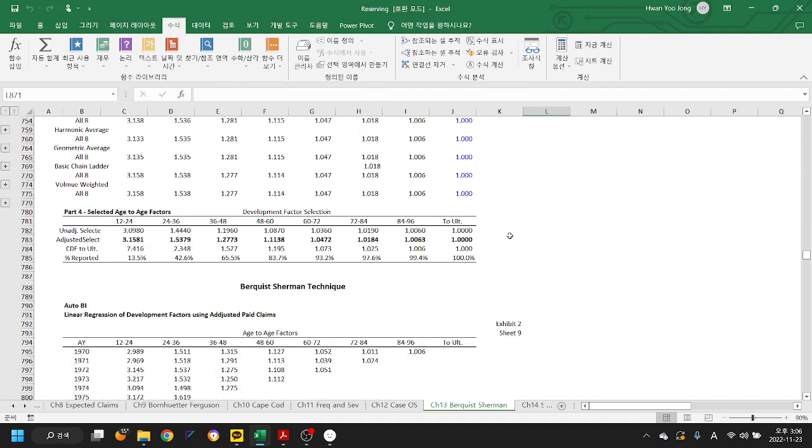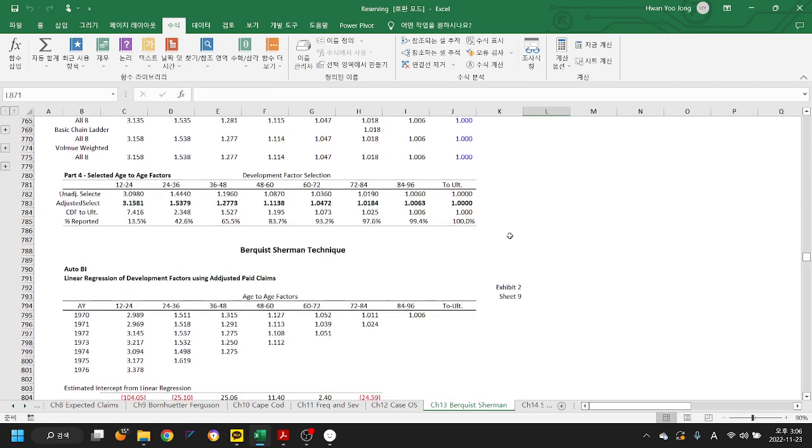And this is what I can tell you about how Berquist Sherman did the adjustment upon the existing paid loss development triangle. And based on that, they came up with a different number of ultimate paid loss amount.